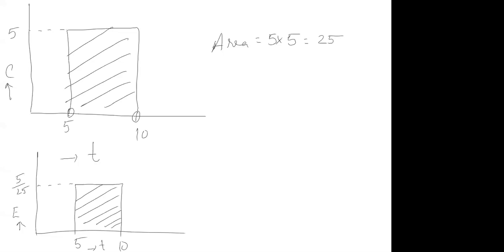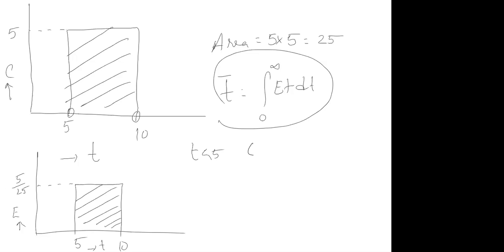Now how do you calculate T bar? Integral 0 to infinity of t E(t) dt. I will calculate from the E curve because I need to solve only one integral. Now look at this curve. For T less than 5, what is the E value? 0. For 5 less than T less than 10, what is the E value? 1 by 5.